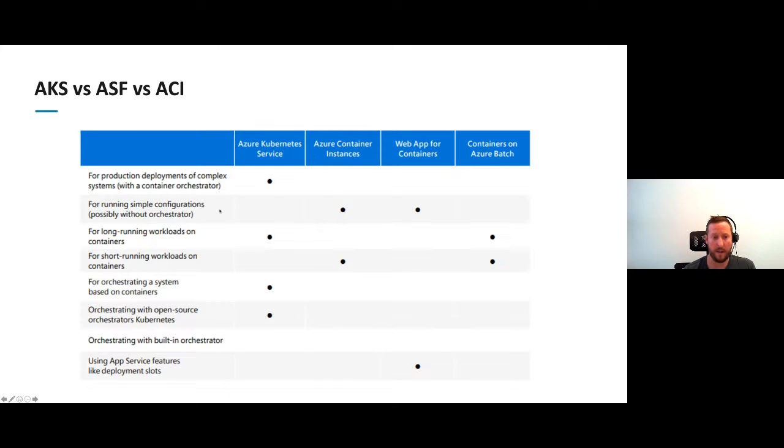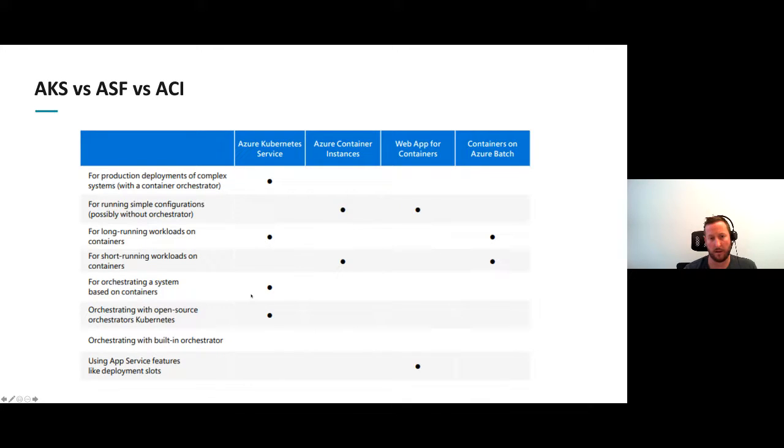From there, if you want to run something simple, you can just use Azure Container Instances, or web apps that run containers for you. Longer running workloads you can do with Kubernetes, or with Azure Batch. And then short running workloads, container instances or Azure Batch.